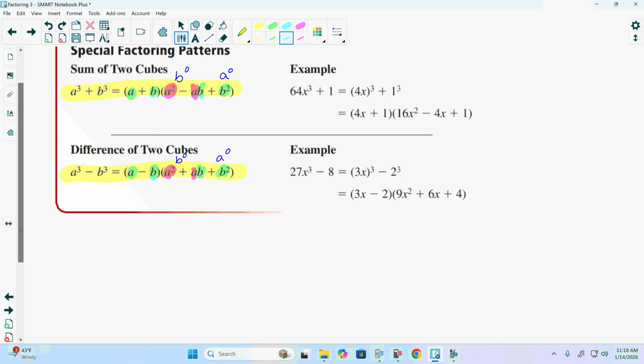So really, the only difference is the signs, and it's keeping those straight. All right? The signs are going to be the same, opposite, always end on a positive note. So for sum, we have plus, minus, plus. And for difference, we have minus, plus, plus. Same, opposite, always end on a positive note.